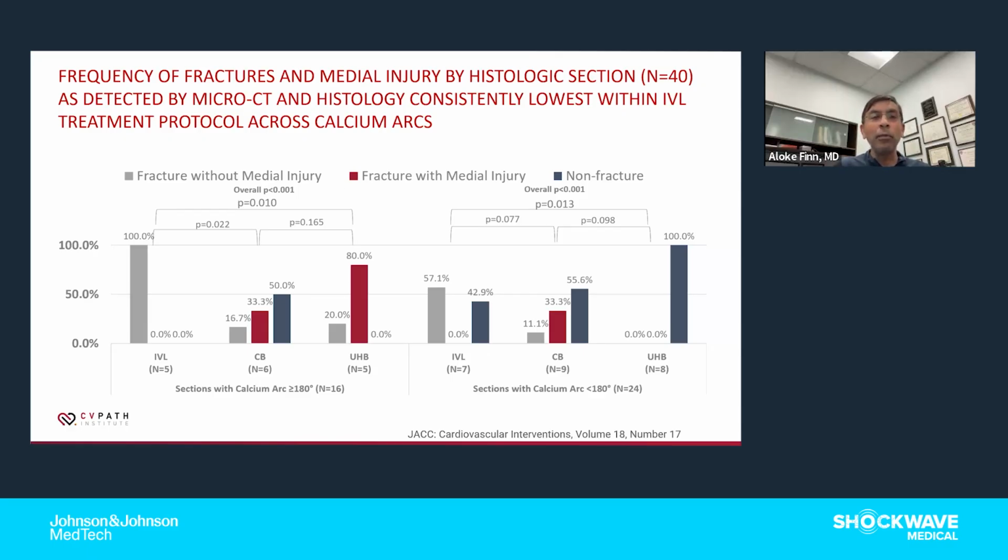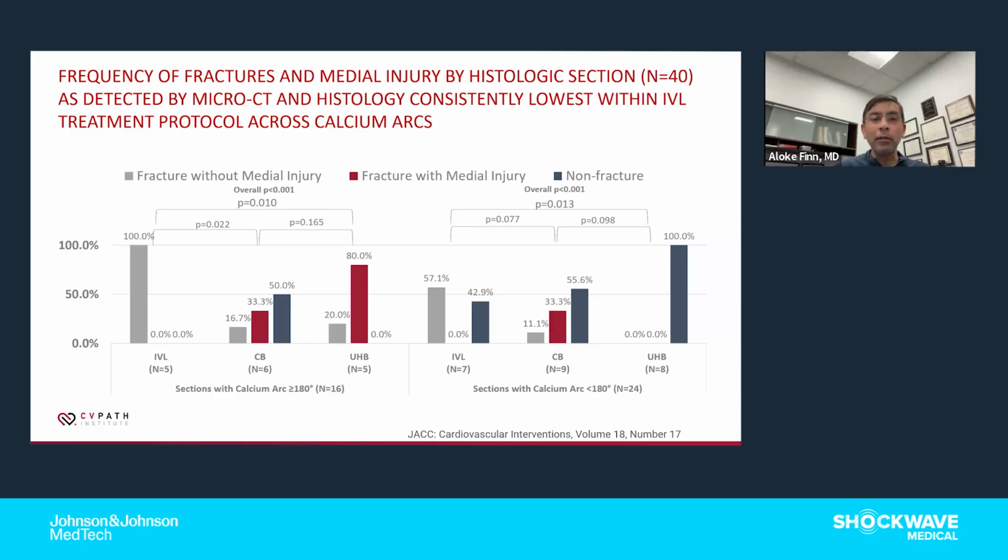You can see here in terms of concentric calcium, fracture was seen in 100% of lesions or sections treated with IVL. There was no evidence of fracture with medial injury or non-fracture.